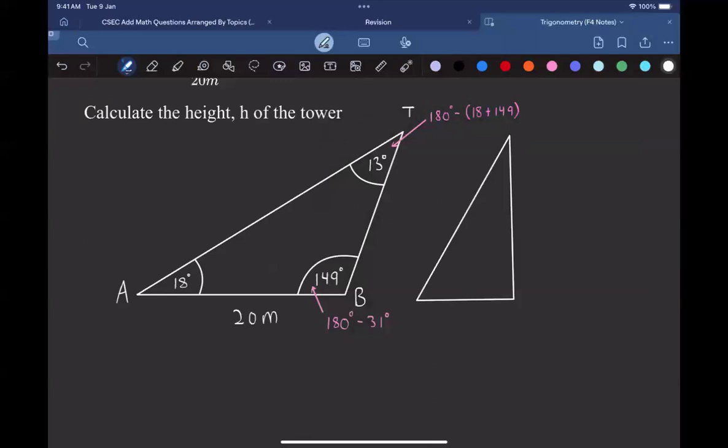The sine rule or the cosine rule. What is the condition for you to use cosine? When I have included angles. Do you see any included angles in this? No. So it's down to the sine rule really.